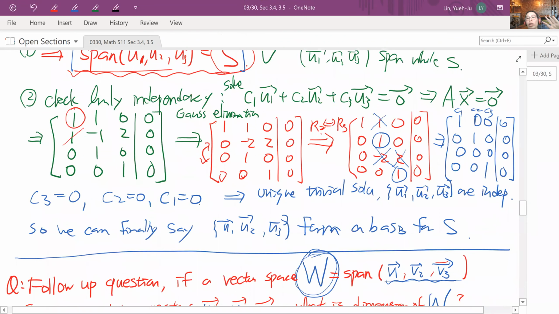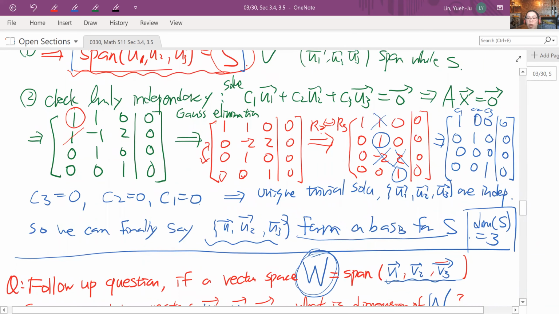So I check they're all independent. In some sense, it means they're not redundant, right? They're necessary, you need every single one. So since they form a spanning set of S, plus they're linearly independent, they really form the basis. Once you find the correct basis, then we really know that the dimension is 3, right? That's basically how we should approach this type of problem.